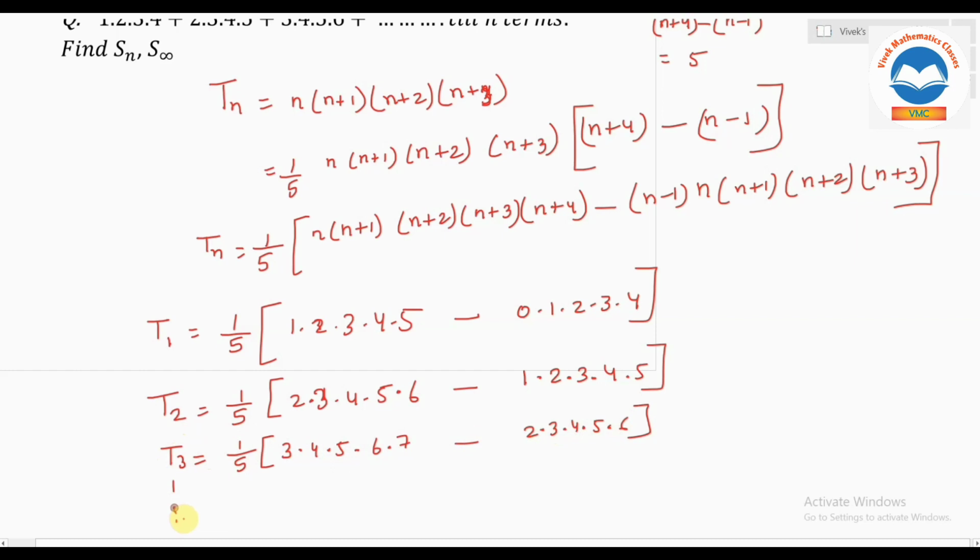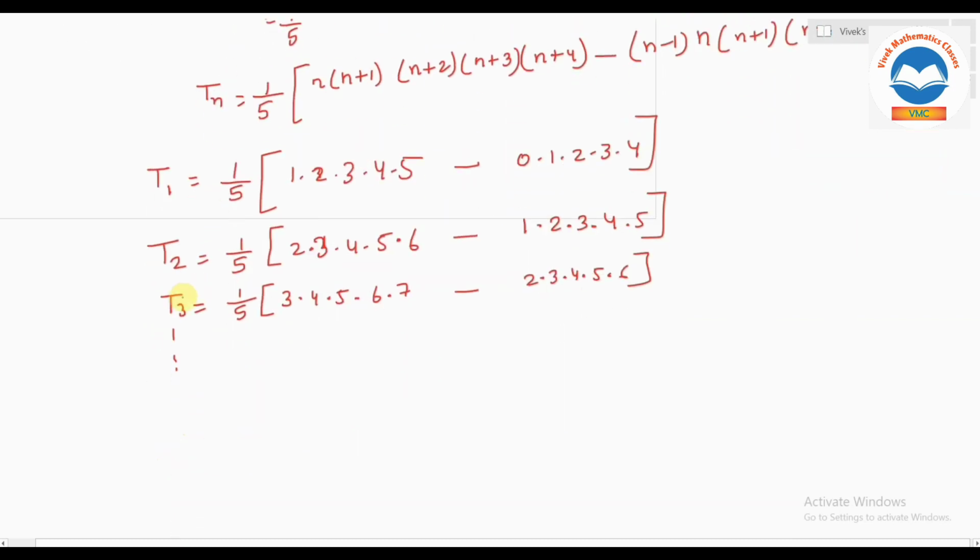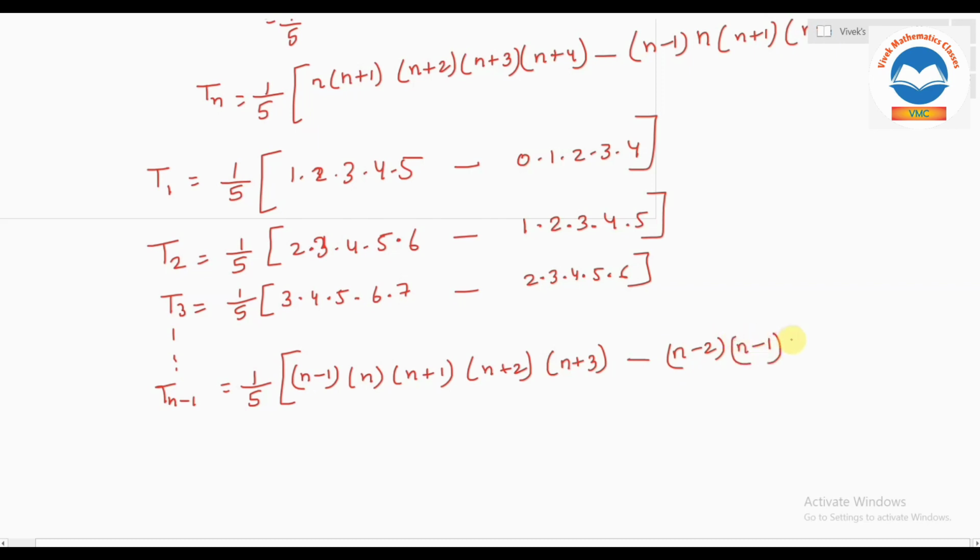Similarly, if you want to write tn minus 1, what will it be? It will be 1 by 5 into, you have to start from n minus 1 and write 5 consecutive terms: n minus 1, n, n plus 1, n plus 2 and n plus 3, minus, the next term starting from n minus 2: n minus 2, n minus 1, n, n plus 1 and n plus 2.